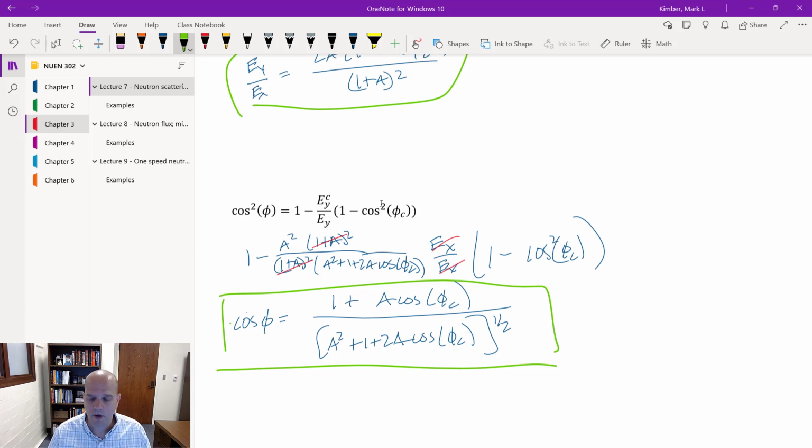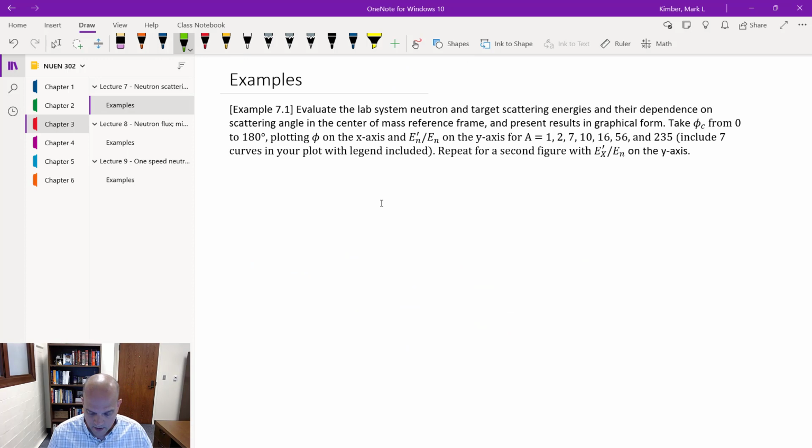So let's go to example number 1 to demonstrate this. In this example, we want to evaluate the lab system neutron and target scattering energies. So in the lab system, the scattered neutron is going to be EY, or I could express this as EN after the event.